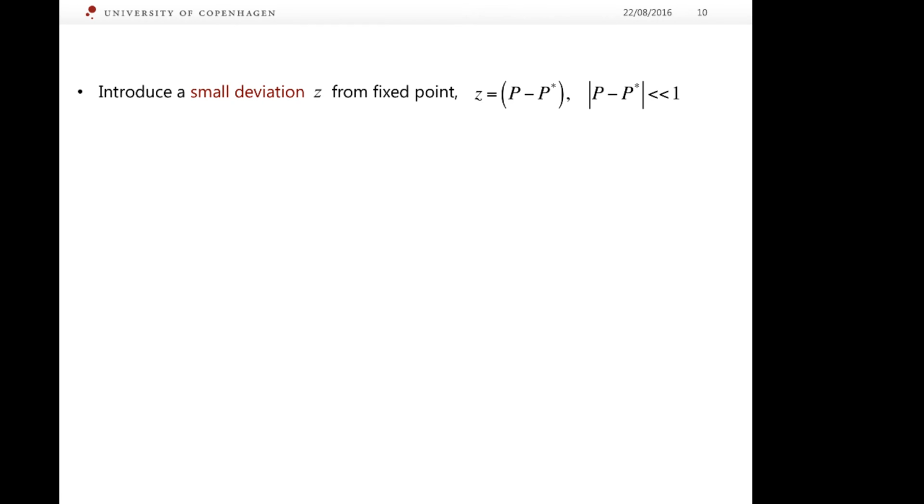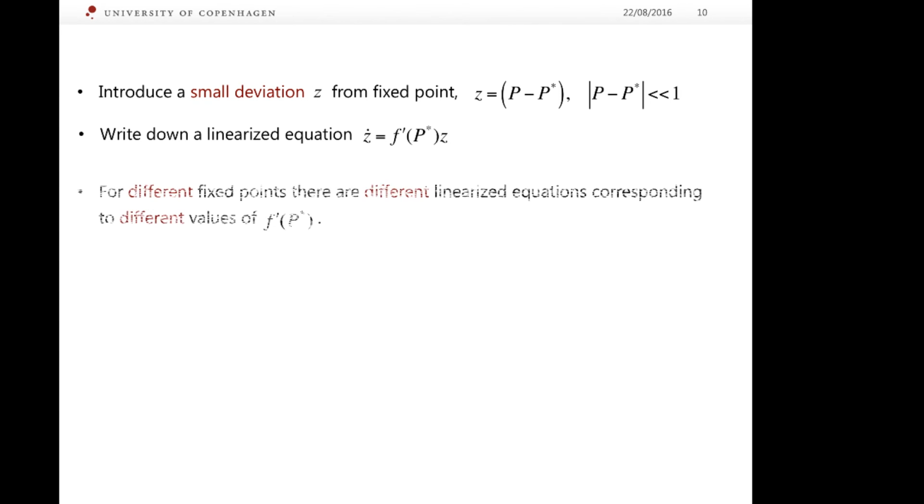Now let us analyze stability of these fixed points. To do this, we need to introduce a small deviation from the fixed point. The deviation is denoted as z, and it is a difference, p minus p star, and the condition of smallness reads that the modulus of p minus p star is much less than 1. We can immediately write down a linearized equation for z, which involves the derivative of the function f at the fixed point.